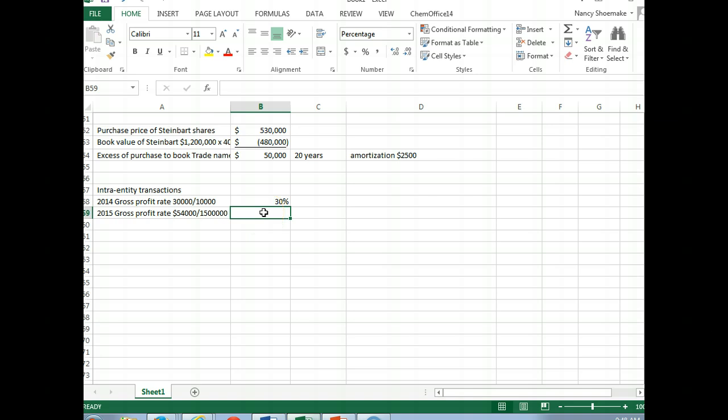36% on each of those various transactions.